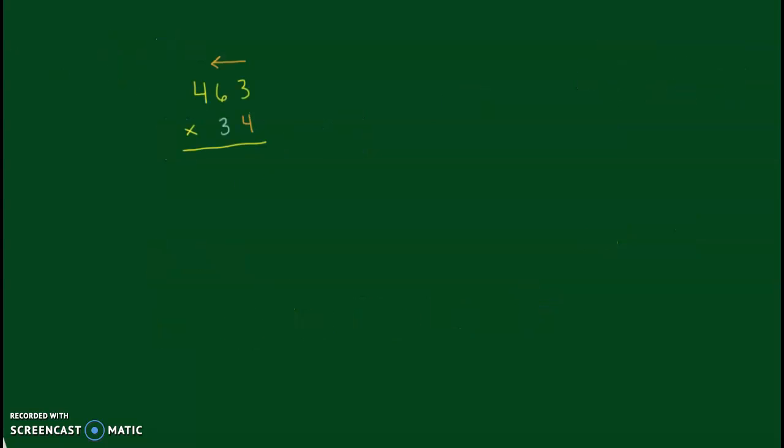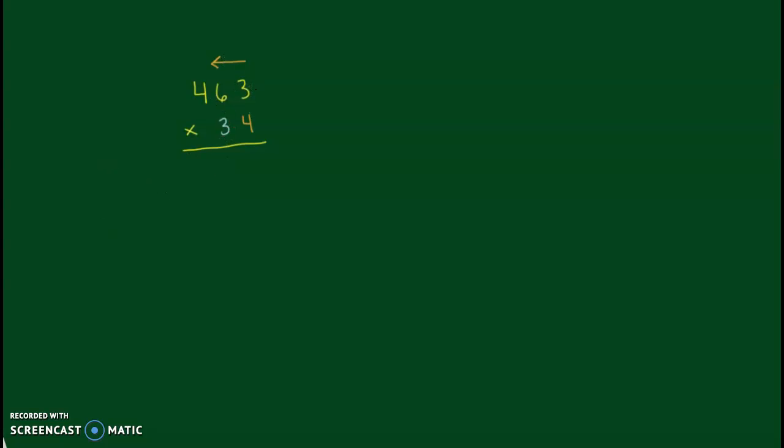For our practice, at the bottom of our home link, we have some multiplication today, and a reminder that when we're multiplying, we start with the top numbers. We go from right to left, and we multiply each of the top numbers by the individual places in the bottom number. First, we start with the ones place, then we move on to the tens place.